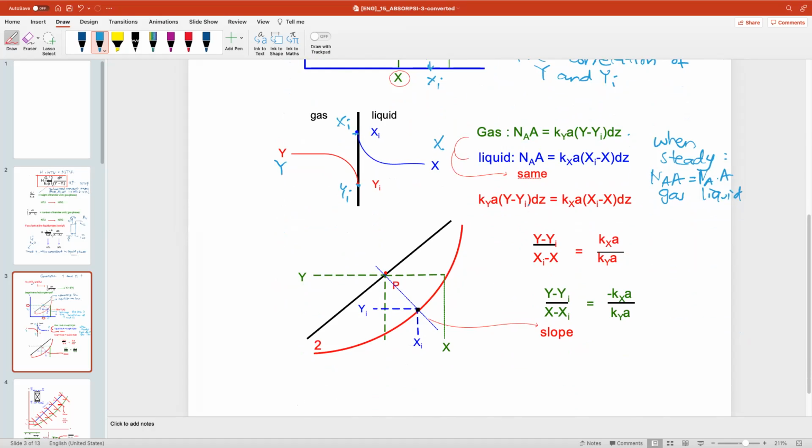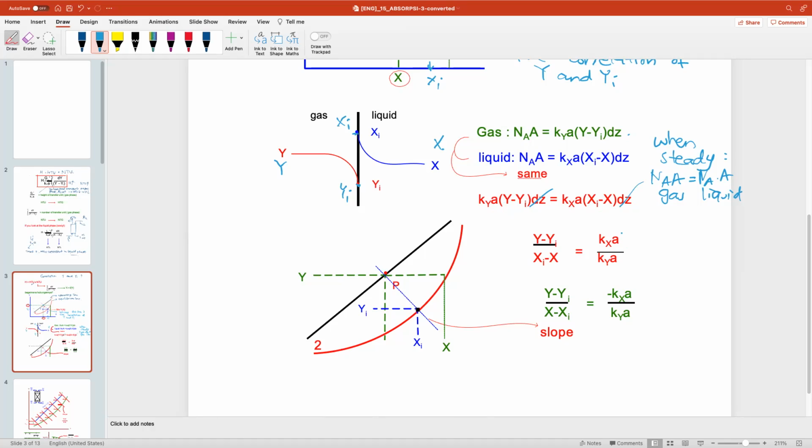Okay, so because it's the same, we can rearrange. This is ky a multiply with the delta between y and yi, dz, equal to kx a multiply with xi minus x, dz. This can be cancelled out, and then we can just rearrange this one, kx over here, ky a over here.